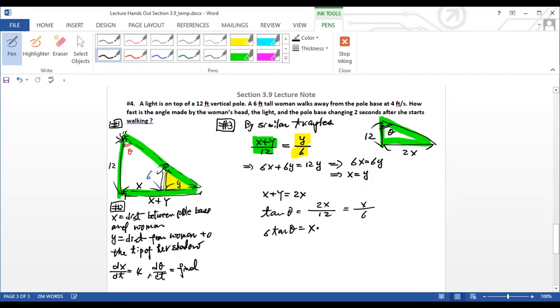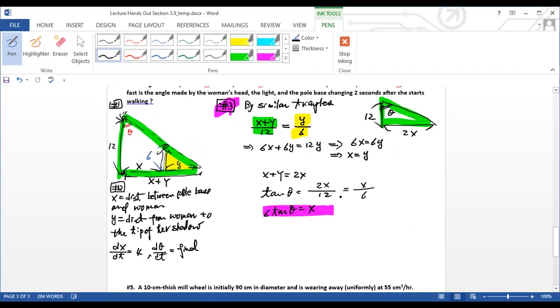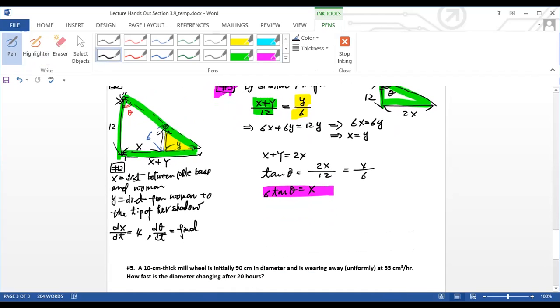Now we got it, right? This is number 3. It is a little bit more difficult than the other ones, but we found it by using similar triangles. That's one of the functions of related rates. Number 3 is the most challenging one, but it's also the fun one.